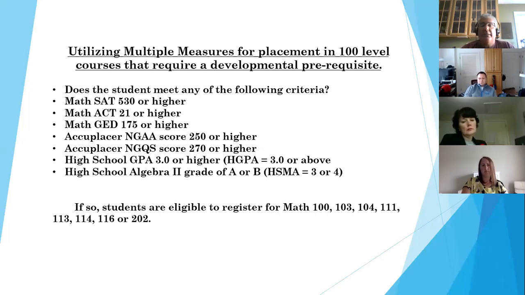These measures were researched by a group. We found what we felt was the best fit for us. We had discussions including, well, is one enough? Should students meet two of these? But what we found nationally is passing any of these is a great indicator for student success in courses that include Math 100, 103, 104, all the way up. All those courses that need a developmental prerequisite.